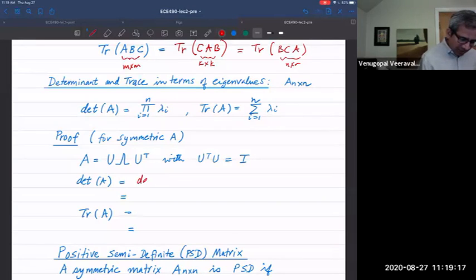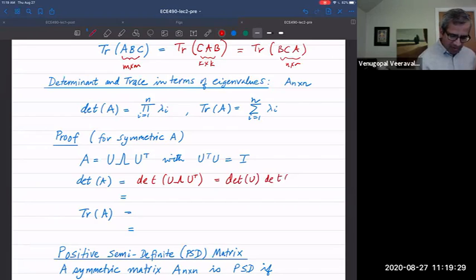So determinant of A is the same as determinant of U lambda U transpose. And we saw that this can be written as a product of the determinant. So it's determinant of U times determinant of lambda times determinant of U transpose. Okay. And then each of these is equal to 1. And so you just get determinant of lambda.